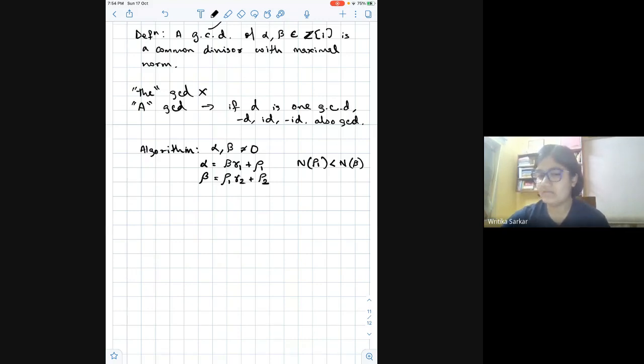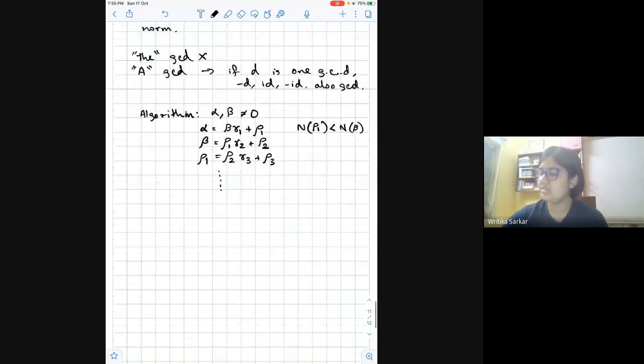Now we take rho 1 as our new dividend, and we divide rho 1 by rho 2: rho 1 equals rho 2 times gamma 3 plus rho 3, and we keep doing this until the remainder that we get is 0.